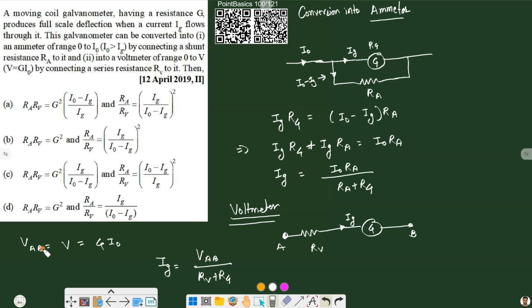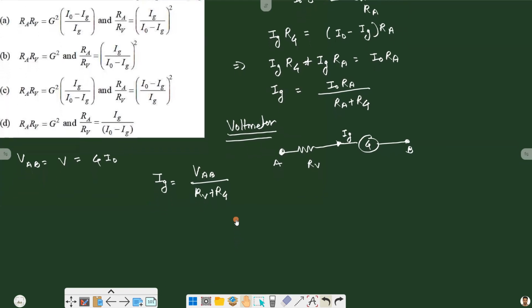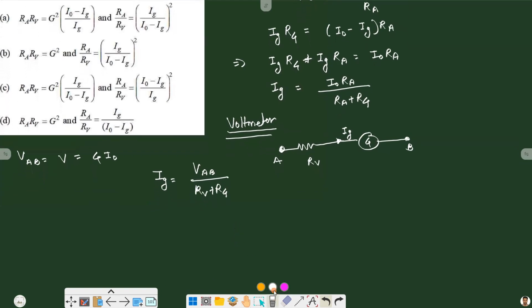We know VAB is equal to V is equal to G I node. So we can say Ig becomes G I node by Rv plus Rg. And now suppose this is equation 1 and this is equation 2.